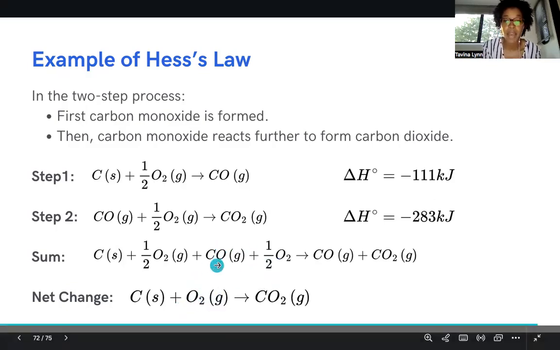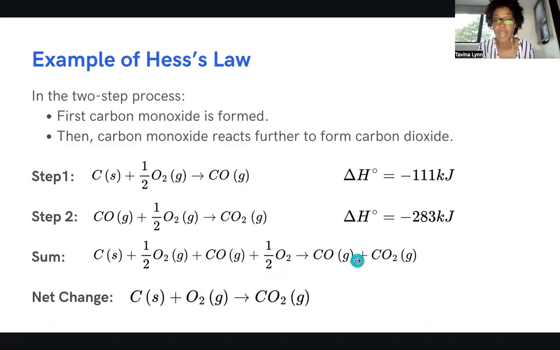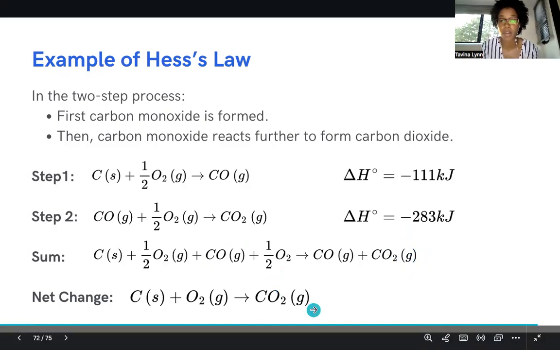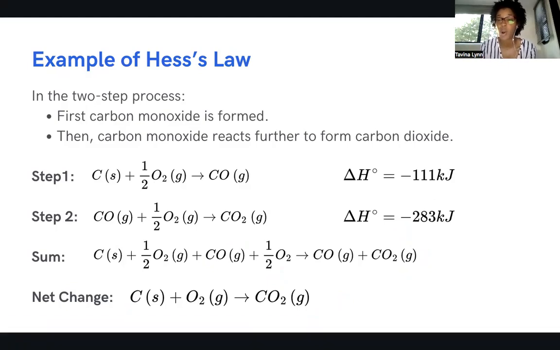Because carbon monoxide is on our reactant and our product side, it cancels out. So we don't show it in our net change, or our overall reaction, and we're just left with carbon dioxide in our products. So this is what our net change is, which is the same reaction that we would write if this happened in a single step, or how we would write the direct reaction.